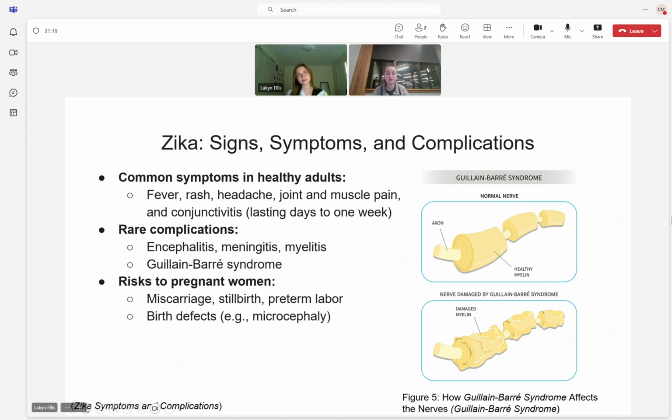Some of the more rare complications include encephalitis, meningitis, and as I mentioned previously, Guillain-Barré syndrome. But the biggest risk is to pregnant women, essentially. The virus results in birth defects in about 5% of infants whose mothers were infected during pregnancy. And on the right here, you can see how the nerve is damaged during Guillain-Barré syndrome.